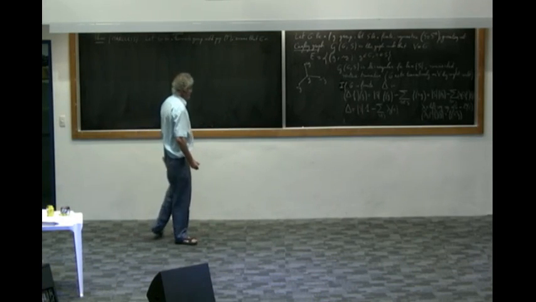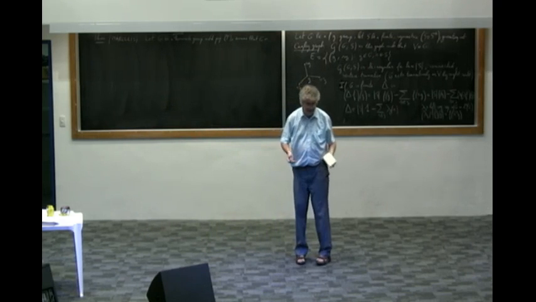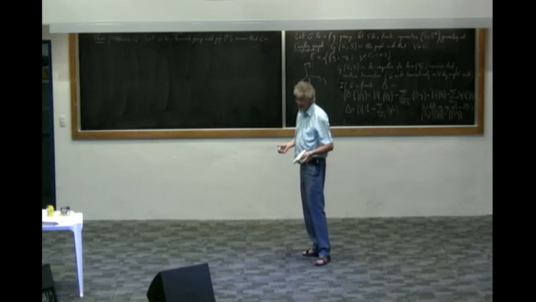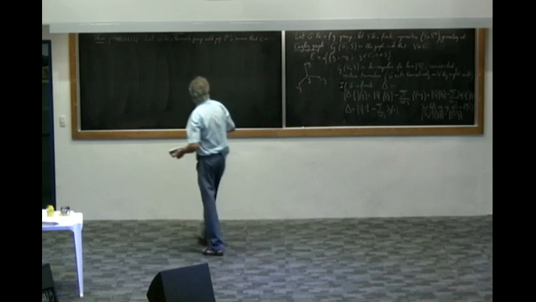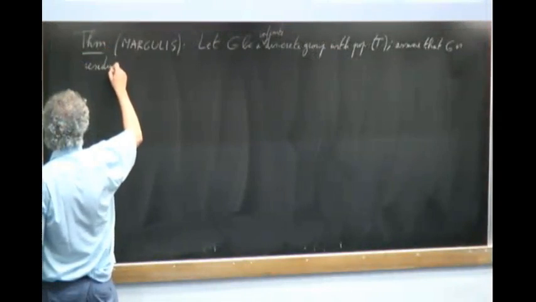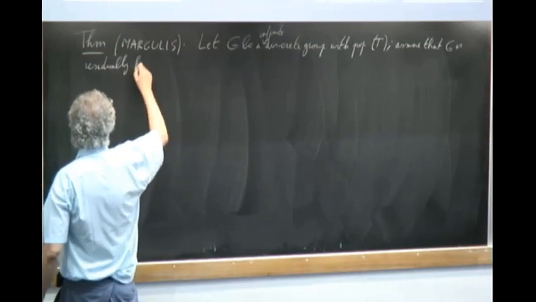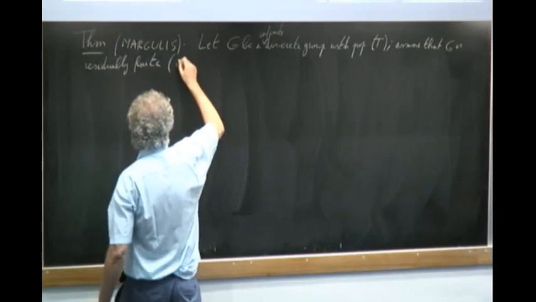But we need an assumption that guarantees the existence of many finite quotients, and this condition is called in group theory residual finiteness. So we assume that G is residually finite. And this means the following.